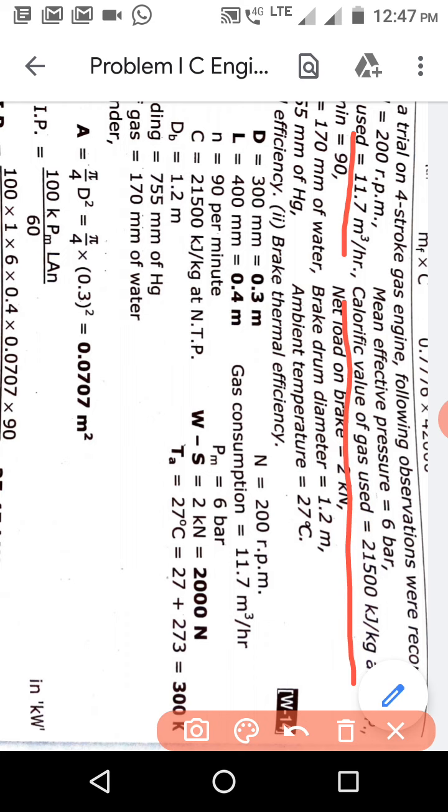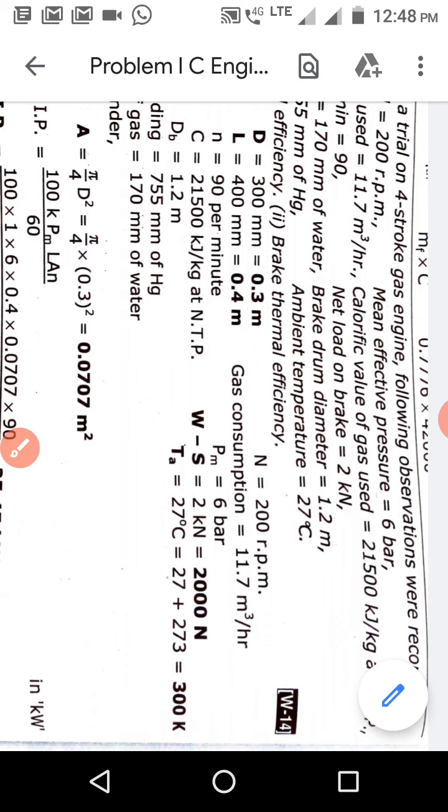So what you have to do is convert this calorific value of gas in real condition, or if you are unable to convert the calorific value to real condition, then you have to convert the gas use from real condition to standard condition, so that you can calculate the heat supplied to the engine. Students, whatever I have told, you have to concentrate on.